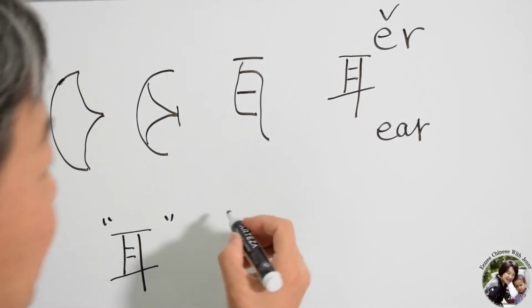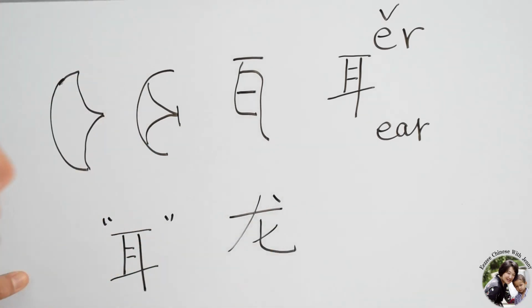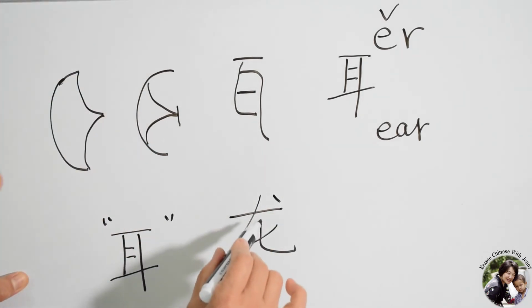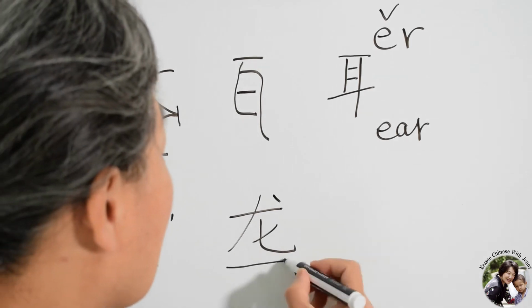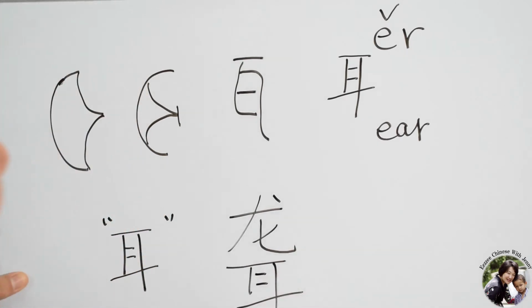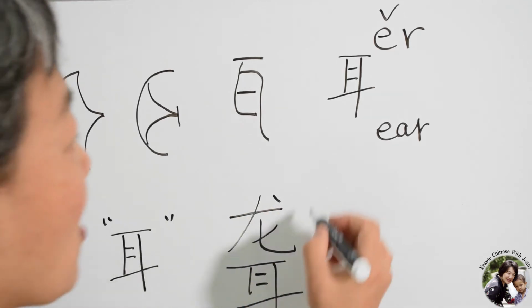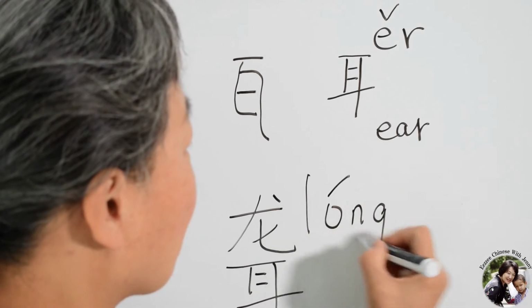For example, remember this character we have learned, its pronunciation is long and it means dragon, right? And put this ear below. This one gives you the meaning. This gives you the pronunciation. The whole character's pronunciation is also long.